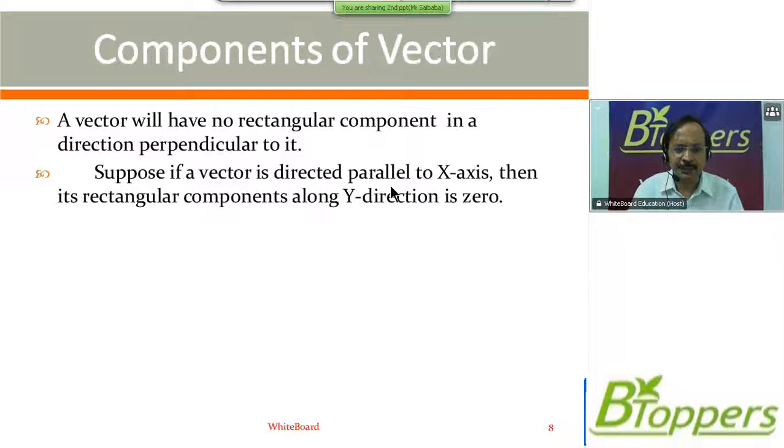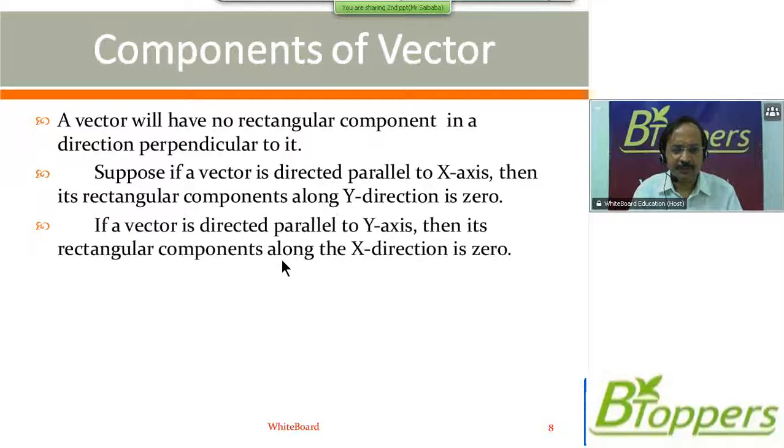Suppose if a vector is directed parallel to the x-axis, then its rectangular component along y direction is 0. If a vector is directed parallel to y-axis, then its rectangular component along the x direction is 0.